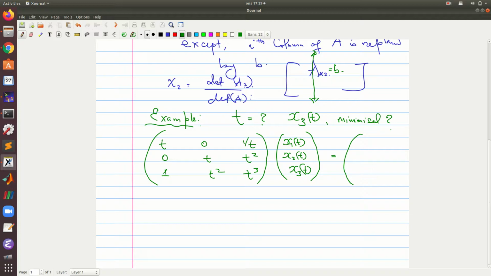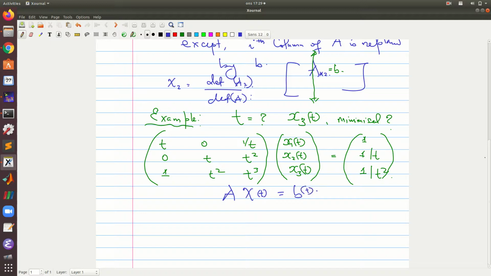Then we have the right hand vector b, which is 1 over t and then 1 over t squared. This is in the form Ax = b, but this is x of t, and we can write b of t if you want.